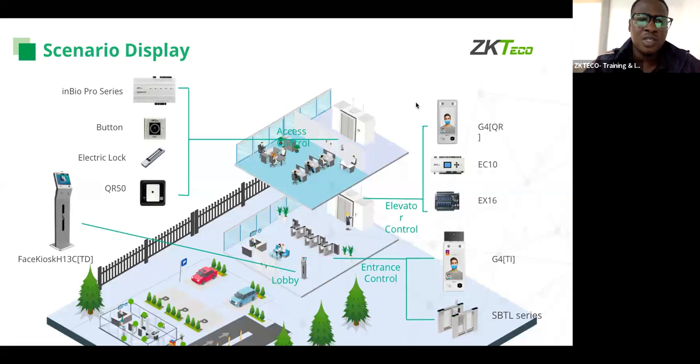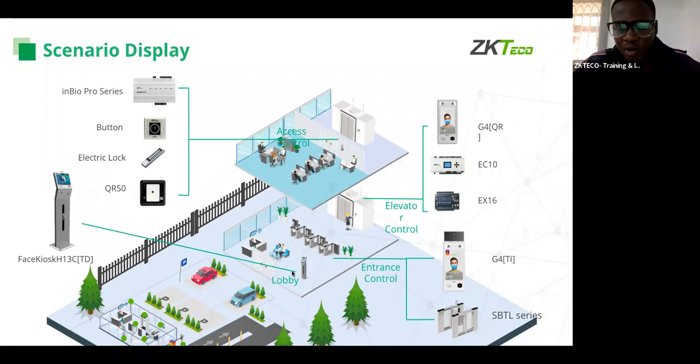All right, so this is some scenario displays. So we have the FaceKiosk in the lobby. When a visitor comes in, their details have been pre-registered by the personnel. So they come in and make authentication.